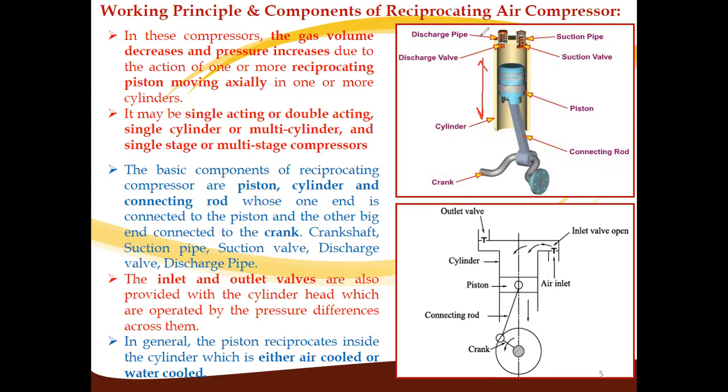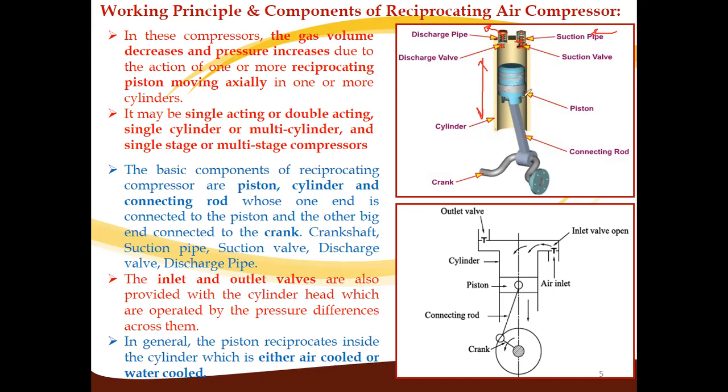Now we have a discharge valve, and from that the compressed air is delivered to where the application is, by using a discharge pipe or delivery pipe. Then there is a suction pipe through which atmospheric air is sucked inside the cylinder, and this is the suction valve. Generally this type of valve, discharge valve or suction valve, is a spring loaded valve.